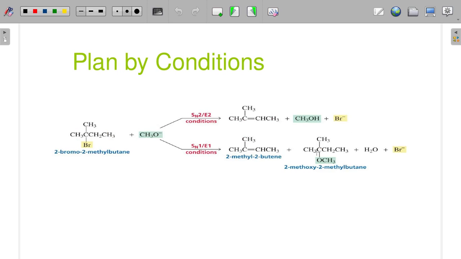All right, so we want to plan this out. When you decide what you want to make and what you're starting with, or vice versa, you can predict your conditions that would give you the product that you want. So right now I have a tertiary alkyl halide. I know if I use a strong nucleophile, I'm favoring substitution and elimination.